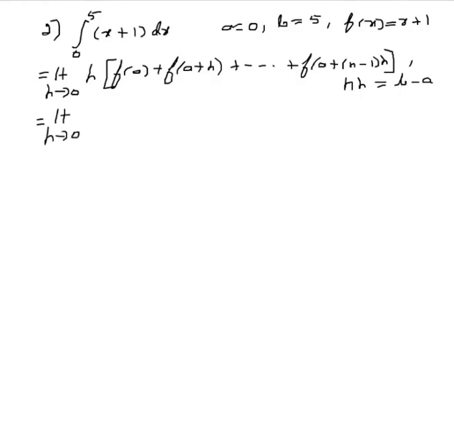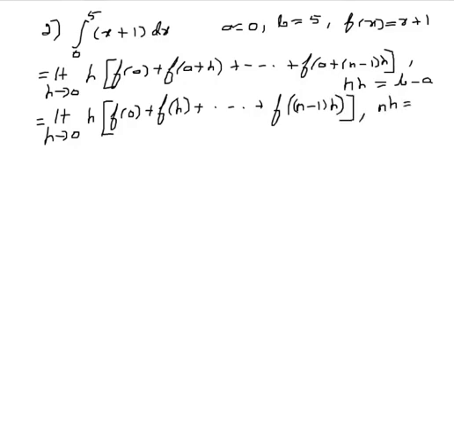Limit h tending to 0 of h into, a is 0, so f of 0 plus h is f of h, etc. f of 0 plus n minus 1, h becomes n minus 1 times h, where nh is b minus a, 5 minus 0, which is 5. Third step, find these expressions.